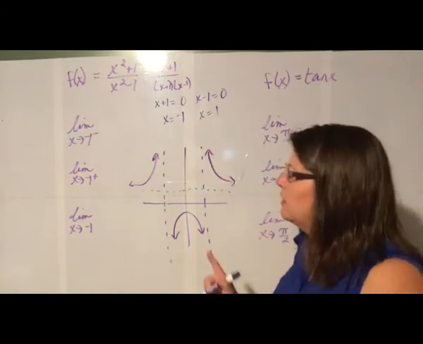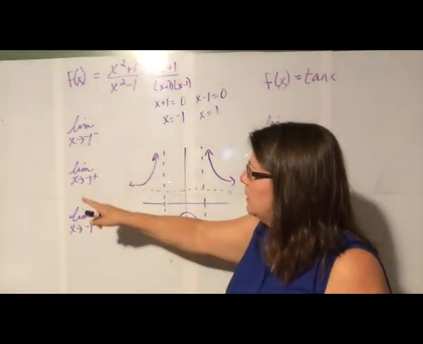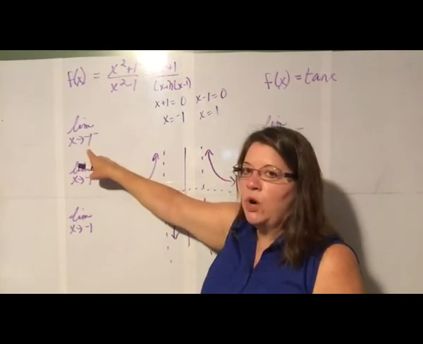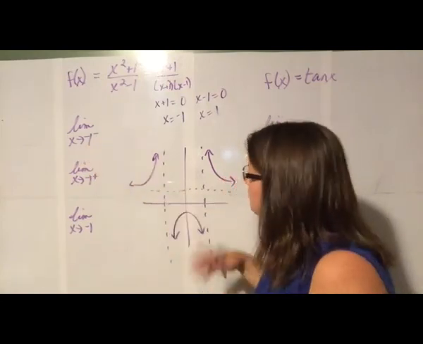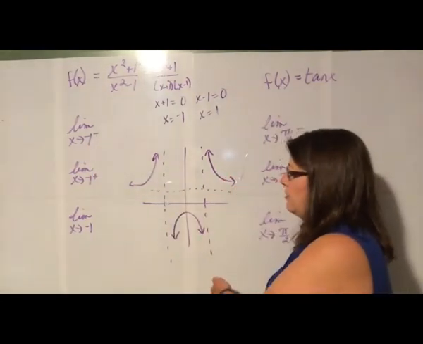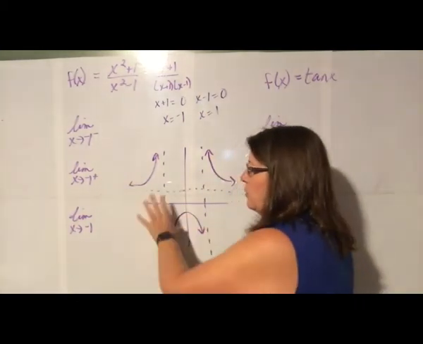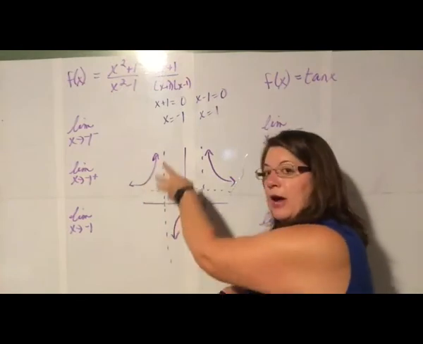So if I look at this approaching -1 from the left, now understand, this is what our graph looks like, but we're never going to have to approach 1. These are all approaching -1, so we're only interested in what's happening on this part of the graph.